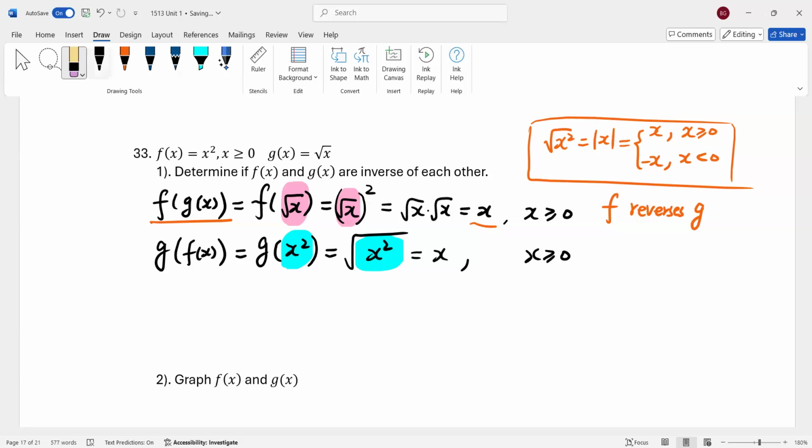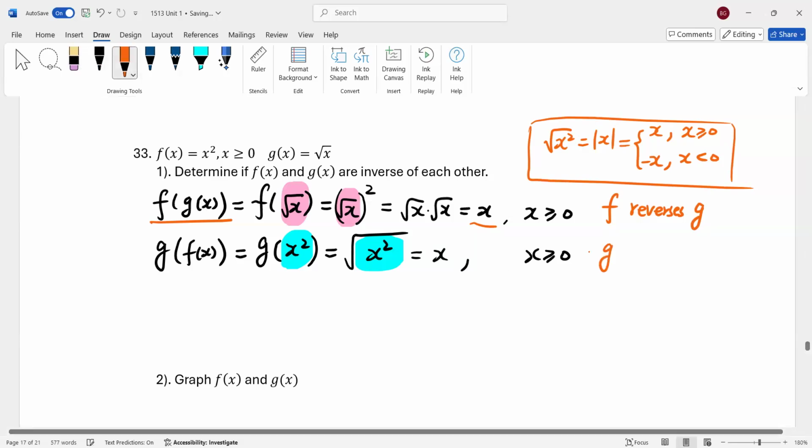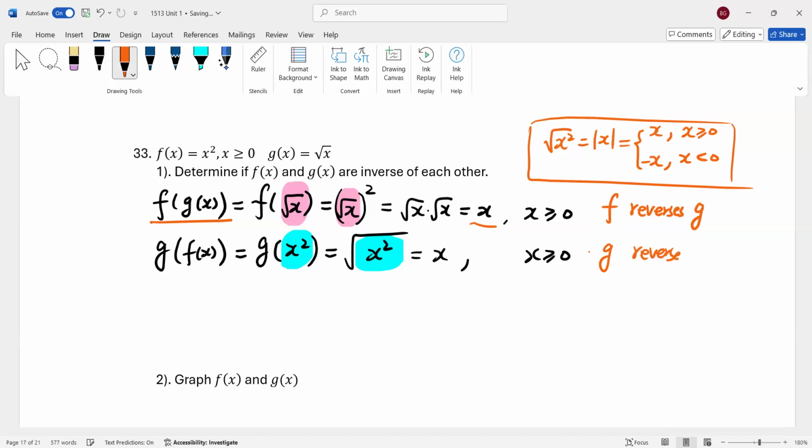So the second equation shows function g also reverses function f, because we just showed when the input x is bigger than or equal to 0, go through function f and then go through function g, x comes out. It does not change.